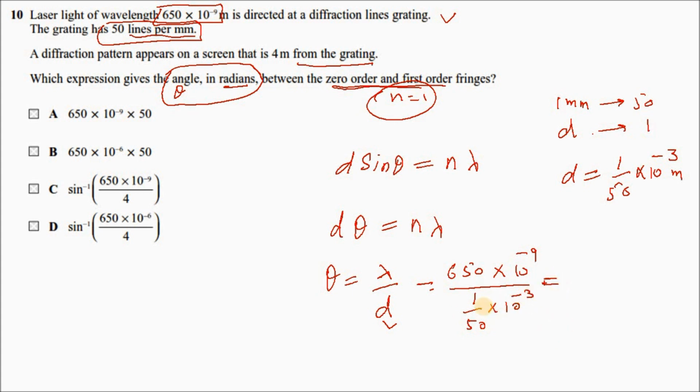Now if you use your basic arithmetic, 50 goes up, multiply with this, and 10^-3 goes up, so it will become 650 into 50, and 10^-3 going up, with minus 9 already there, so it becomes 10^-6.